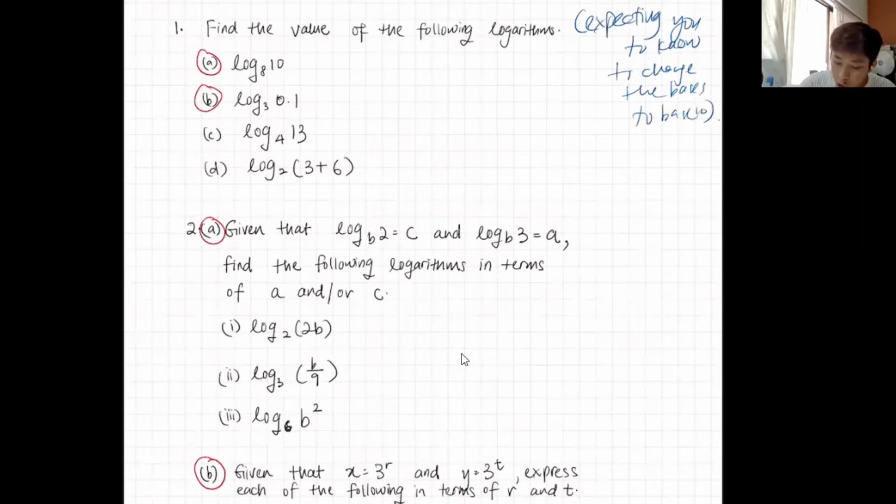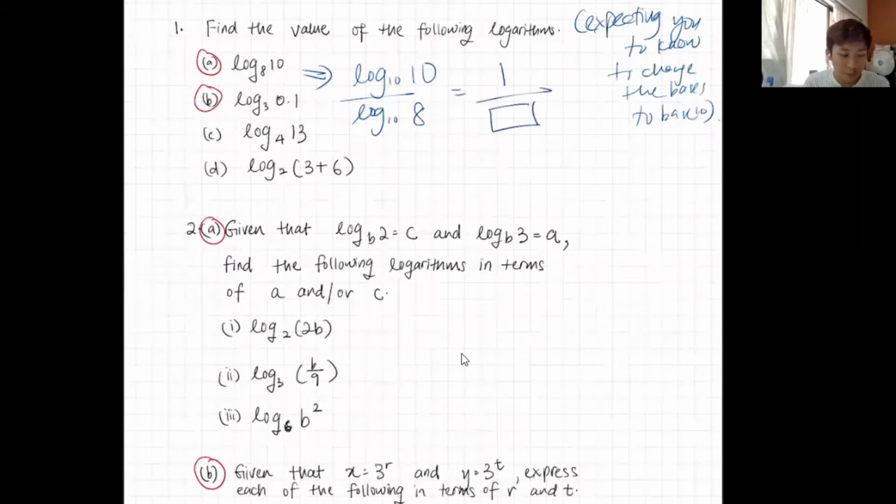So how do you change to base 10? When I convert to base 10, I straight write base 10 over base 10, don't forget. Then the right hand side one will sit on top, the left hand side one will sit below. That's how I get it. Log 10 is 1. Why? Because same number. Log 10 8 you can calculate in your calculator. Log 10 8 you just type log 8. You get 0.903. So you divide and you get the final answer.